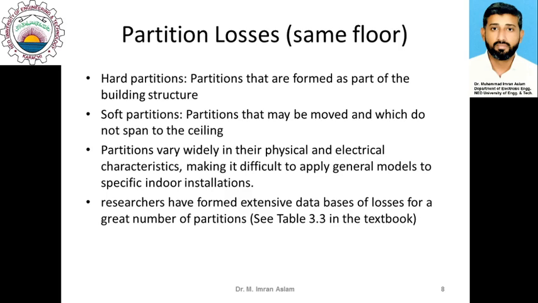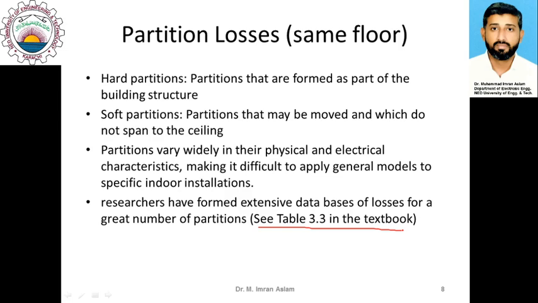Different researchers have studied different types of partitions and different types of environments, and our textbook has summarized results from different researchers and presented those results in the form of table 3.3. That table is a good collection of losses that we can expect from different types of materials in indoor propagation.